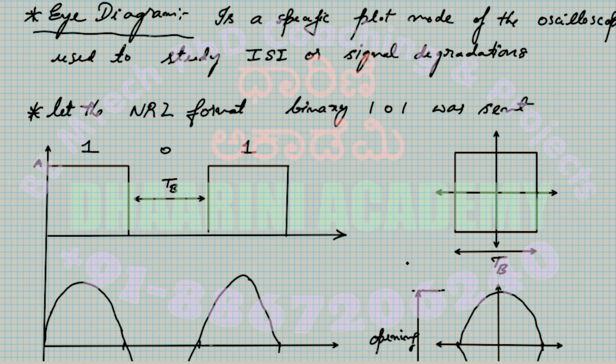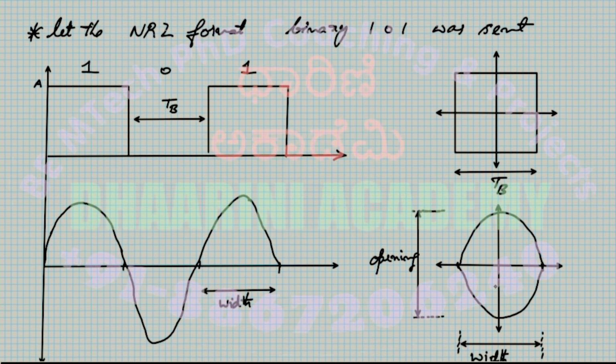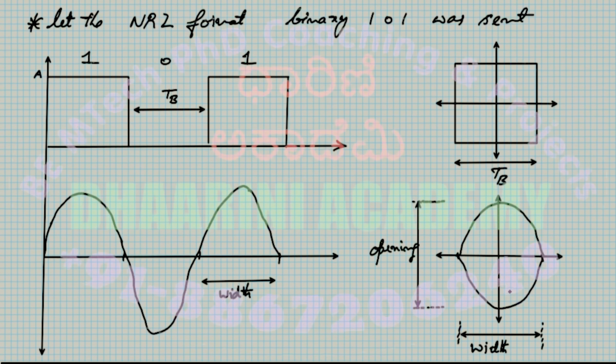And also, not only just ISI, you can also measure various signal degradations that are possible. Okay, amplitude, or how much error is present whenever the signal crosses 0, etc. Many things we can measure. What are the measurements you can do? We'll see later. So first we'll look at an example of how this is going to look.